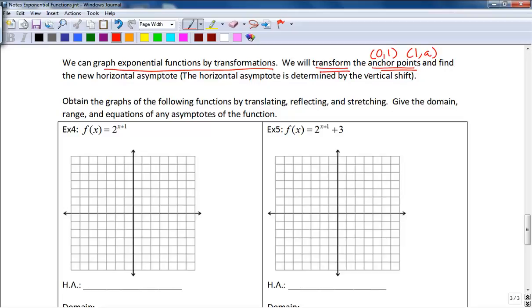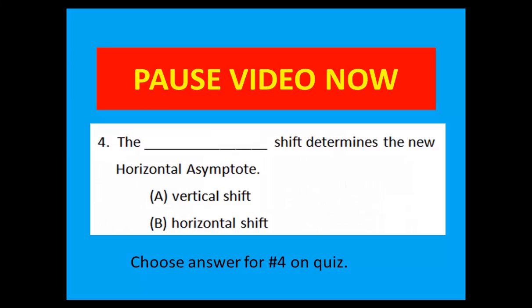We're going to move these points with our vertical shift, horizontal shift, and reflections. And we're also going to find a new horizontal asymptote. Once we know those 2 points and that horizontal asymptote, we can graph any exponential function. Please note, the horizontal asymptote is determined by the vertical shift. So whatever my vertical shift is, that is my new horizontal asymptote.